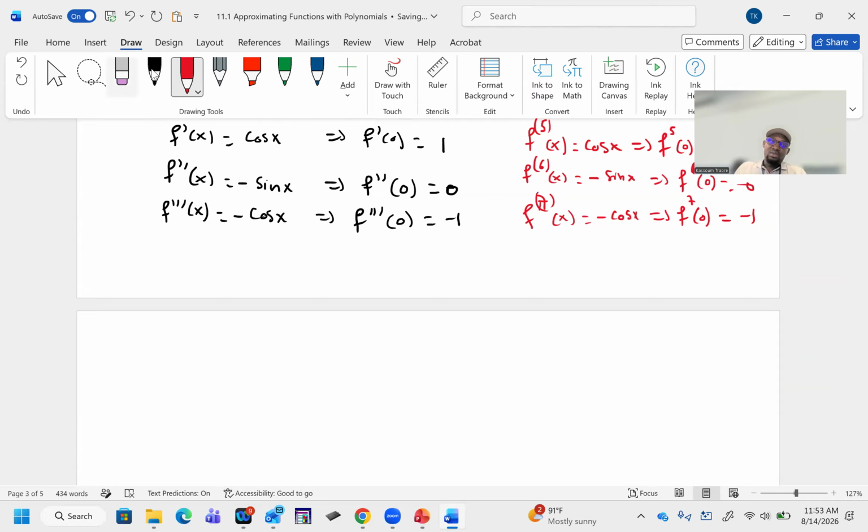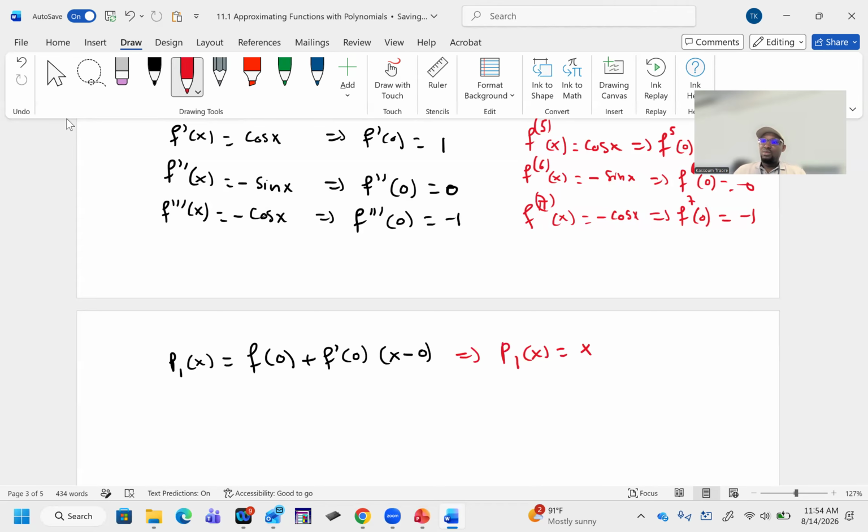And we know p sub 1 of x, which will never change, is f of 0 plus f prime of 0 times x minus 0. In this case, p sub 1 of x will be just x, right?